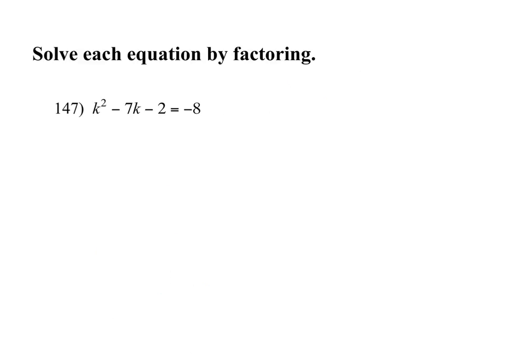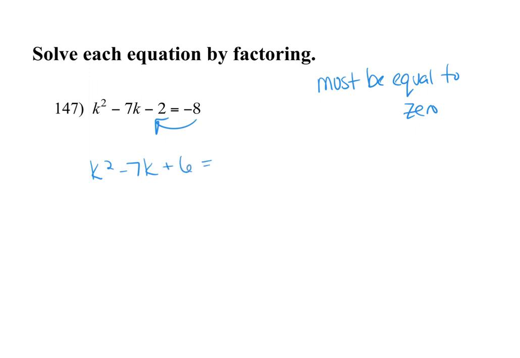Solve by factoring. We just factored. But in order to solve by factoring, it must be equal to 0. All right, which means I have to move this 8 over. And then I do my same rules. If there's a 1 in front, look at the last guy and factor.